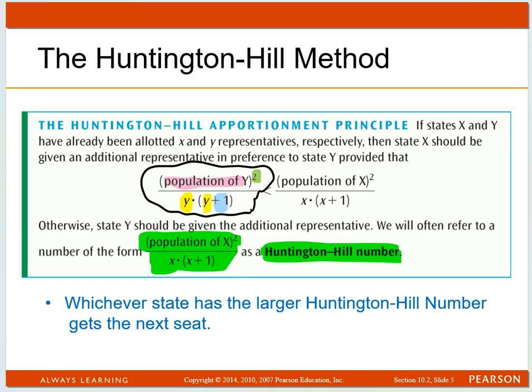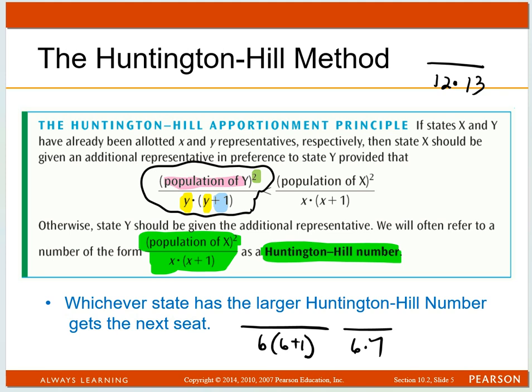So if your current representation is 6, then you're going to multiply that times 6 plus 1, which will be 6 times 7. So if your current representation is 12, you're going to multiply that times 13, because that's 12 plus 1.